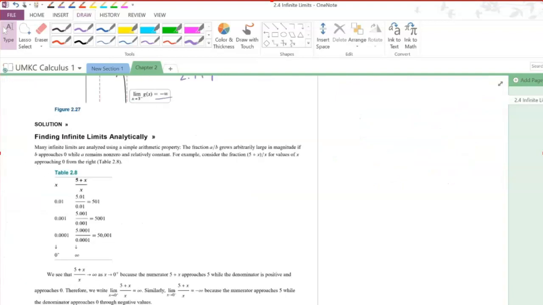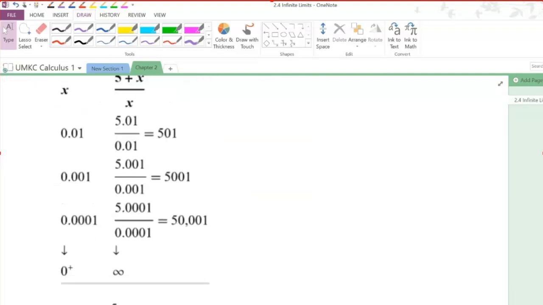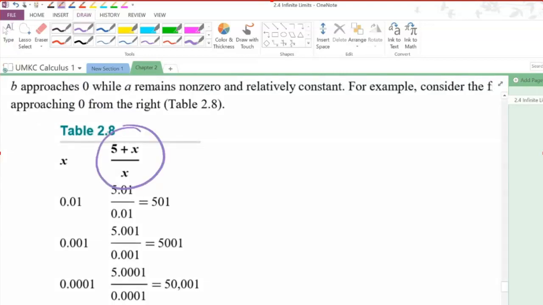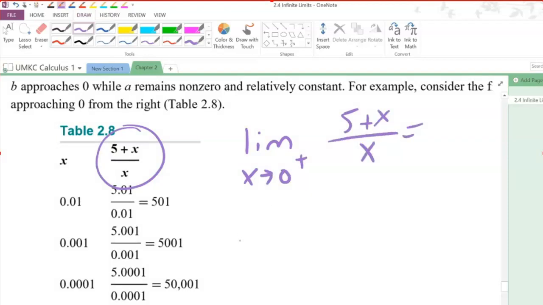And this is an example of it kind of analytically with this 5 plus x over x. So if I look at the limit as x goes to 0 from the right of 5 plus x over x, if I draw a number line here and I have 0, I'm on the right side of 0. So I'm always larger than 0.